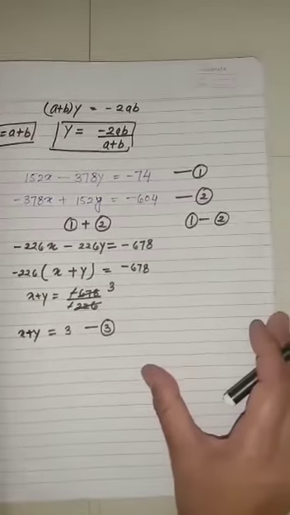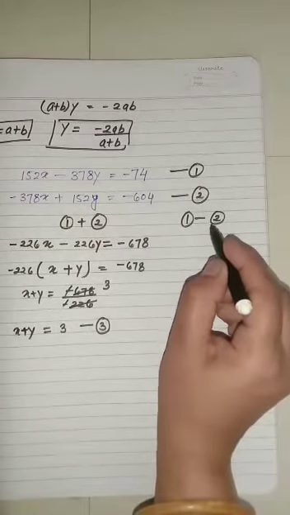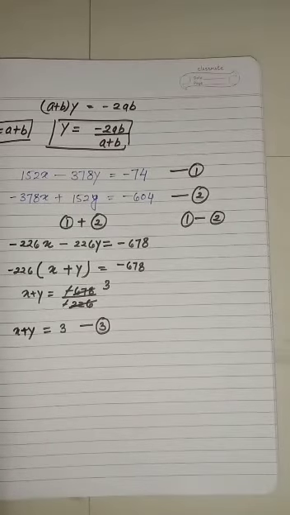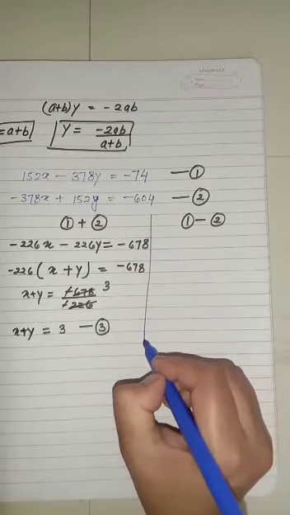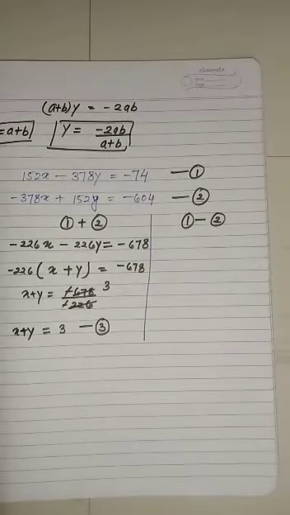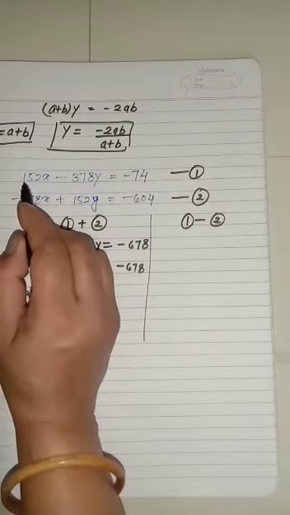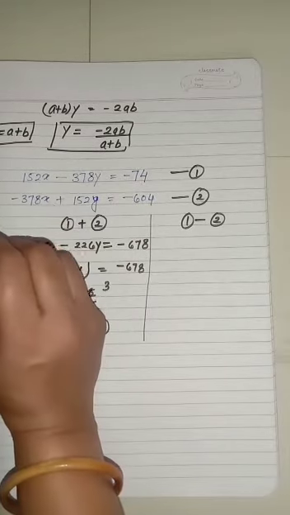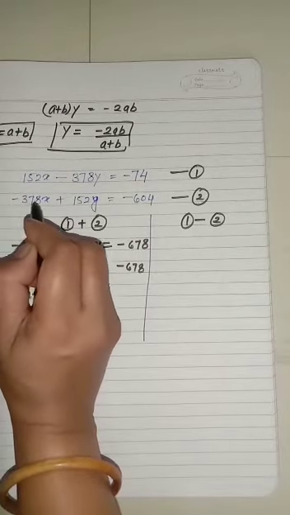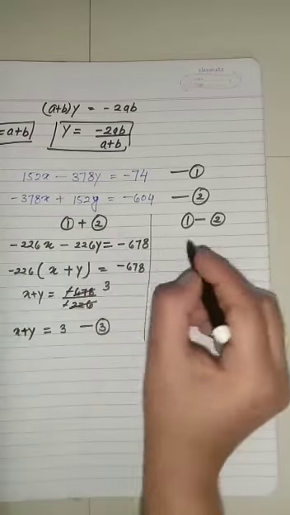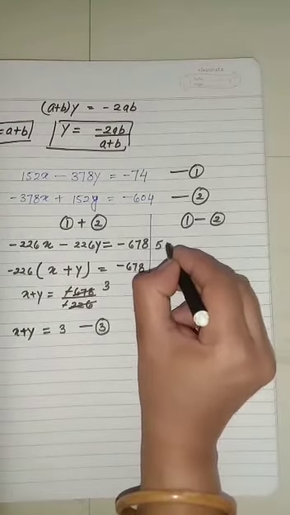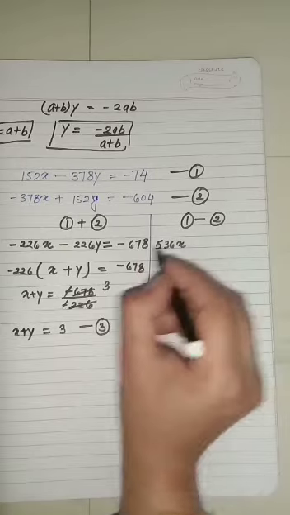Let's see what happens if we subtract both the equations. 152 minus minus 378, the minus will convert into a positive sign, and we will get 530x.